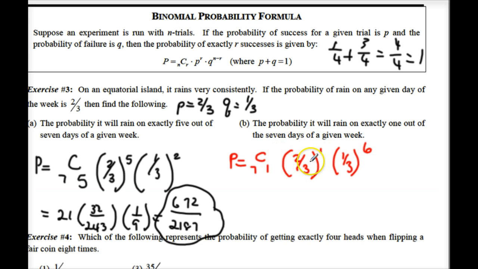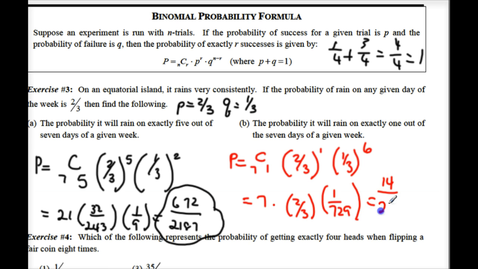Because it's going to rain 1 time, the success is 1, and then this would be n, which is my total, 7, minus 1 is 6. This works out to be 7 times 2 over 3 times 1 over 729, which is equal to 14 over 2187. This cannot be simplified, so that's my final answer.